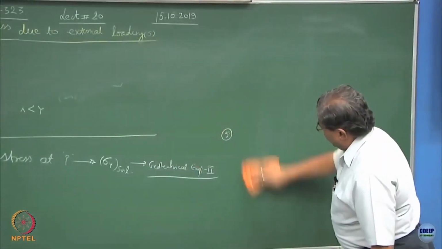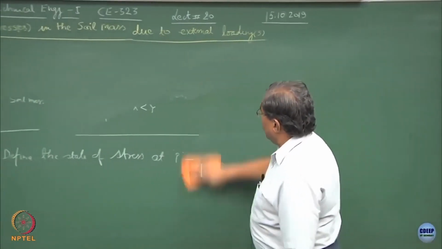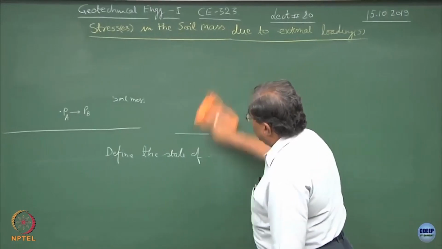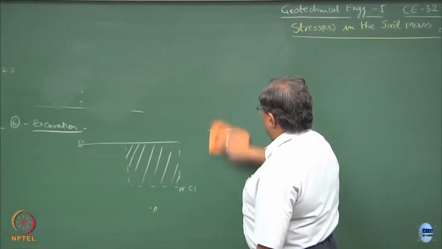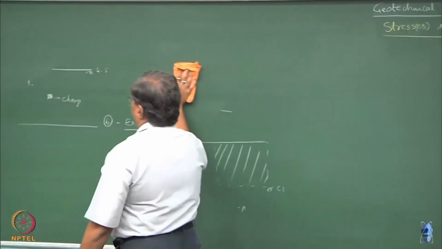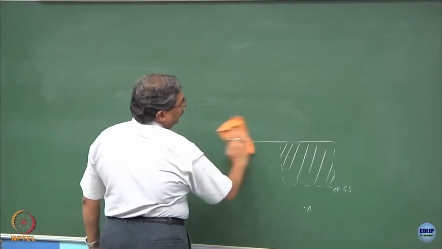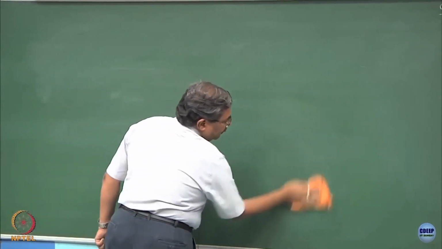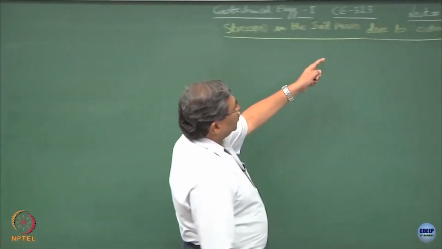The best way to define the state of stress in the soil mass because of the external loading is by considering the Boussinesq equation or Boussinesq philosophy. So, as I said, we are talking about the stresses in the soil mass due to external loadings.